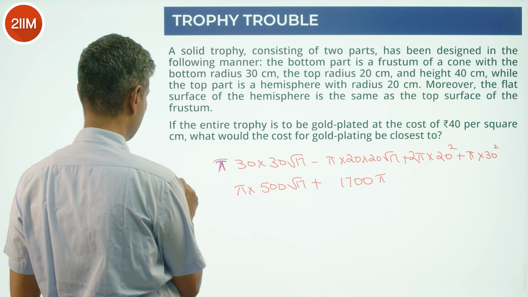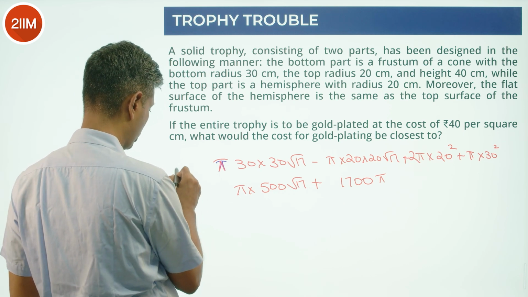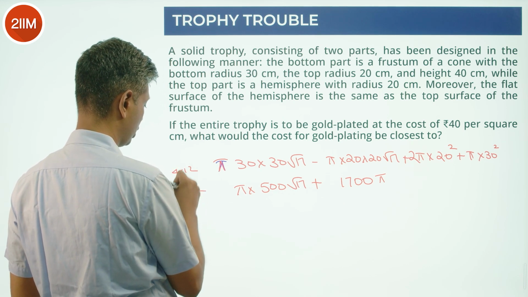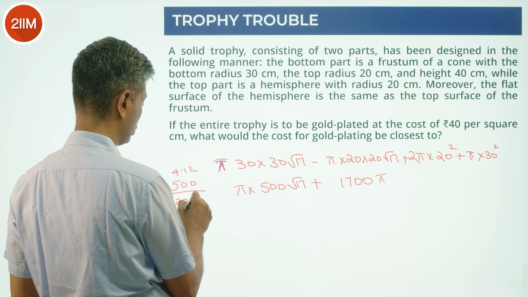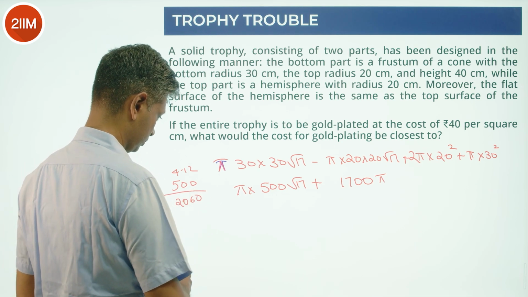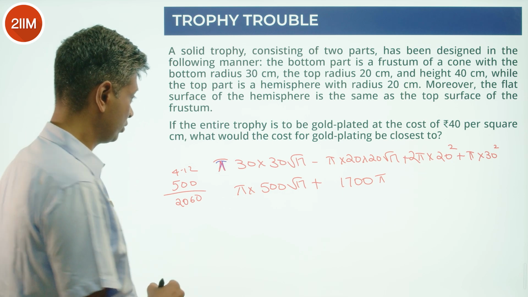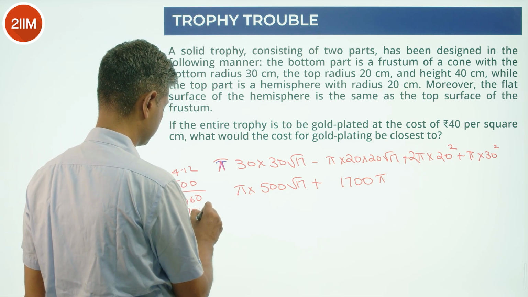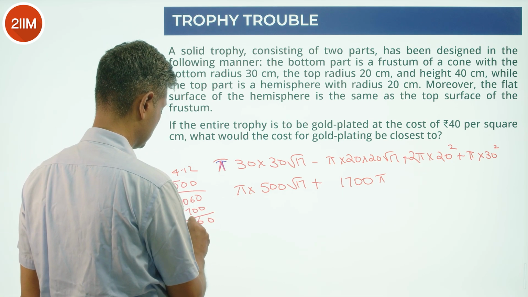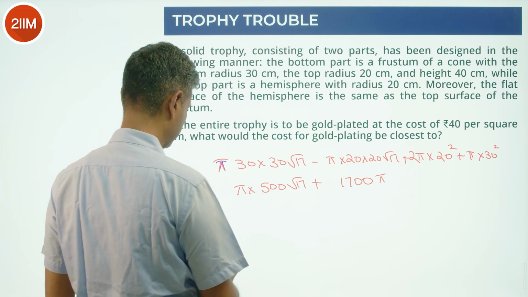So 500 into 4.12, 412 into 5 is 2060. 2060 plus 1700, 3760 into pi.